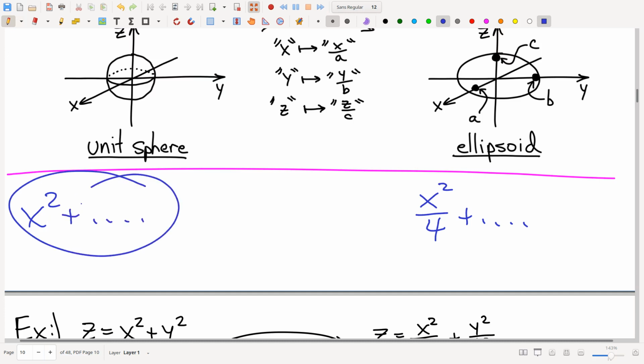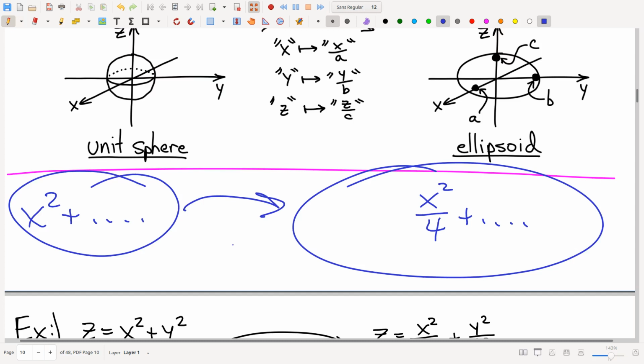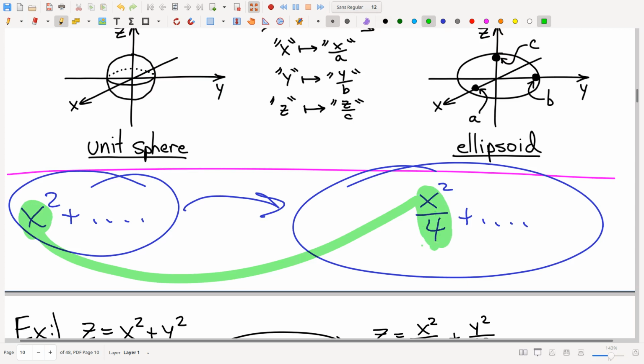So I want to relate this to this. Right? And here, first let me point out what a lot of students will do wrong. A lot of students will incorrectly, with too much focus on the typographical situation, see, oh, it looks like the x got replaced with x over 4. I mean, again, cosmetically, it kind of looks like that, doesn't it?